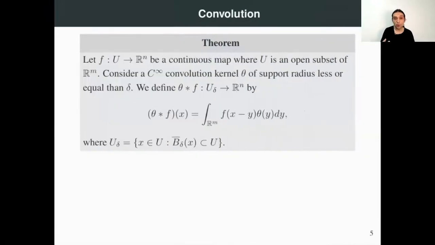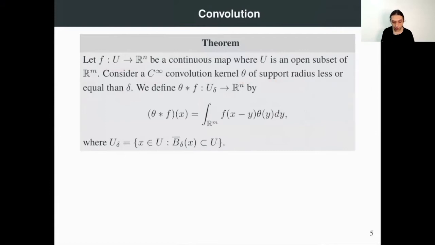Now we want to use these convolution kernels to consider smoothings of the map f, right? So consider a map f from U, which is an open subset of R^m, to R^n. And let us consider a convolution kernel theta whose support radius is less or equal than delta.